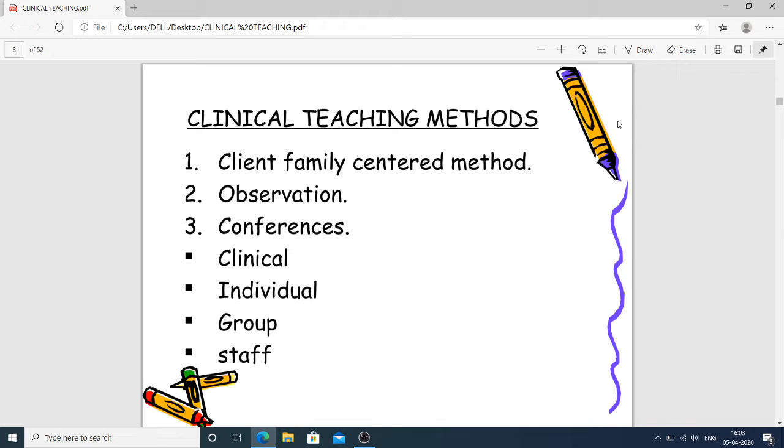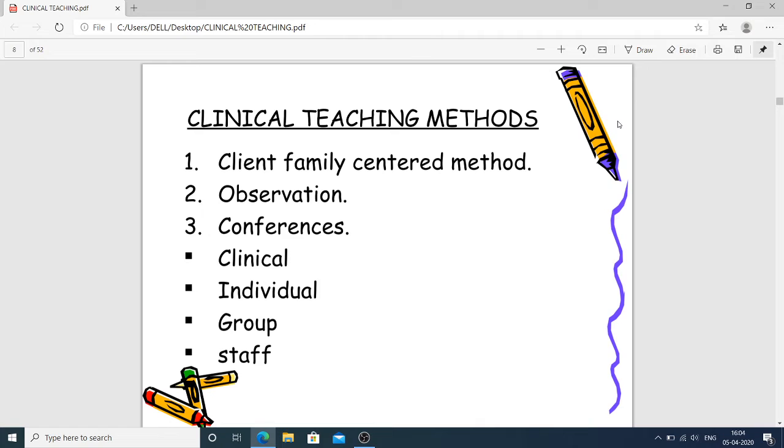What are the methods? Clinical teaching methods include the client and family-centered method. In this, our main focus is on the client's need or his or her family's need. Then observation, where we observe the patient for symptoms and other things. Conferences: in this, the students and teacher meet with each other regarding the problems faced by the student or any kind of issues that arise at the bedside.